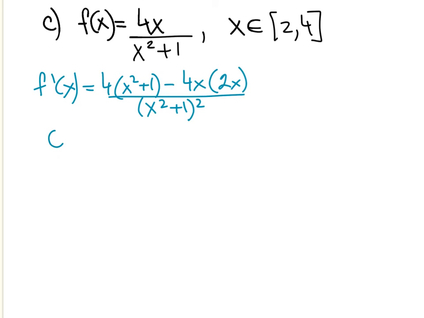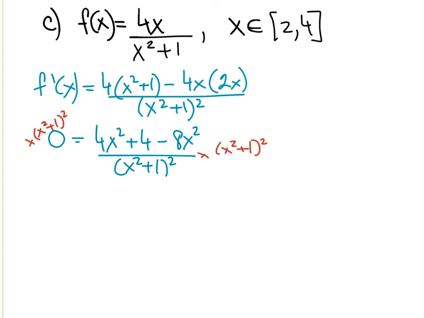So now we want to set it to 0, maybe expand it a little bit, so 4x squared plus 4 minus 8x squared, all over x squared plus 1 squared. Okay, now we can essentially get rid of the denominator because we're multiplying both sides by x squared plus 1. So when we multiply both sides by it, because we want to get rid of it, this is gone.